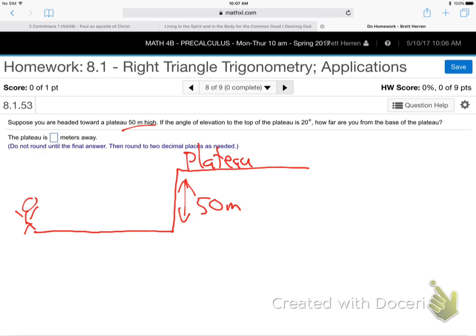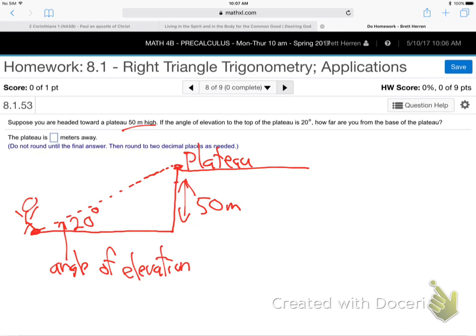And the angle of elevation to the top of the plateau is 20 degrees. What's the angle of elevation? That means from where you're at to the top of the plateau, that is 20. That's called angle of elevation. That means elevated from the horizontal, right?